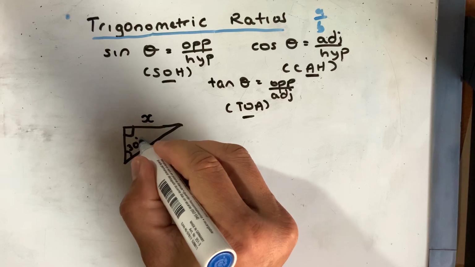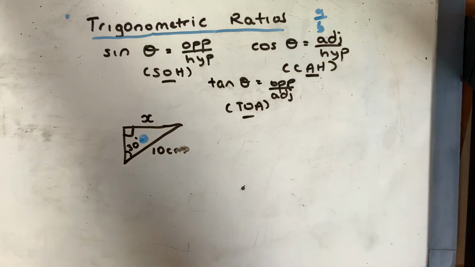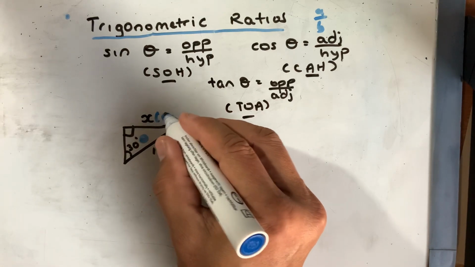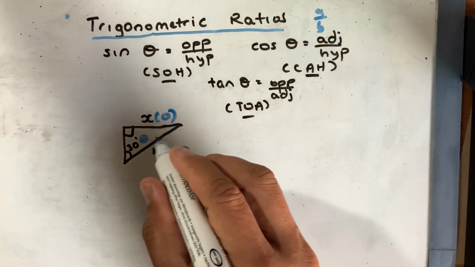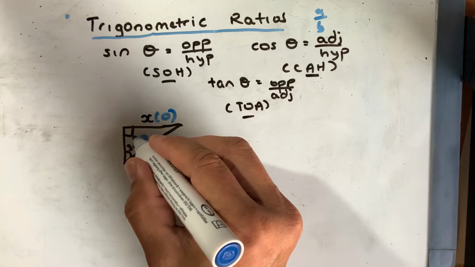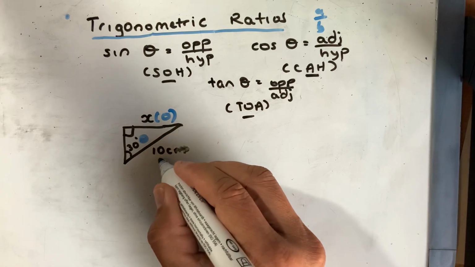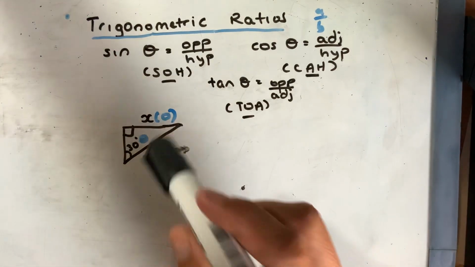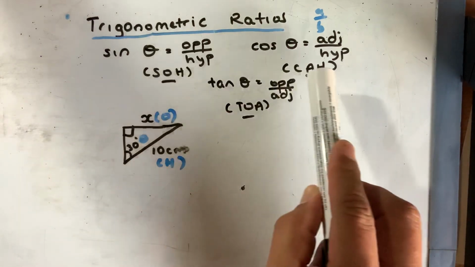So 30 is the theta. X is opposite the angle, so it has to be the opposite. And 10 is the longer side and also opposite the 90 degrees, so that must be H. So now we have to choose one of these three formulas: SOH, CAH or TOA.